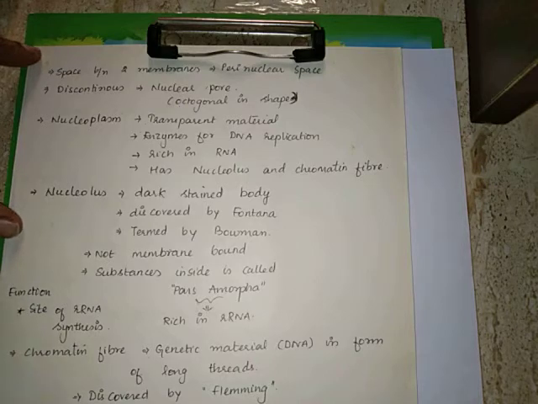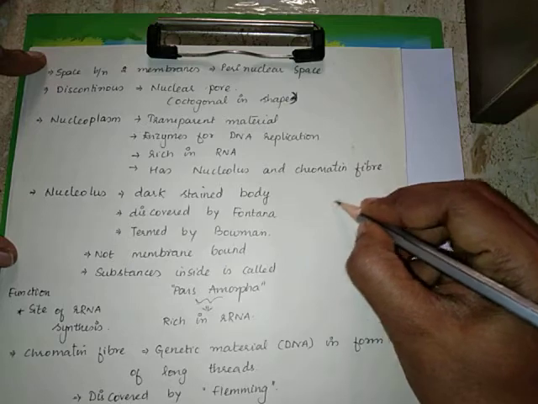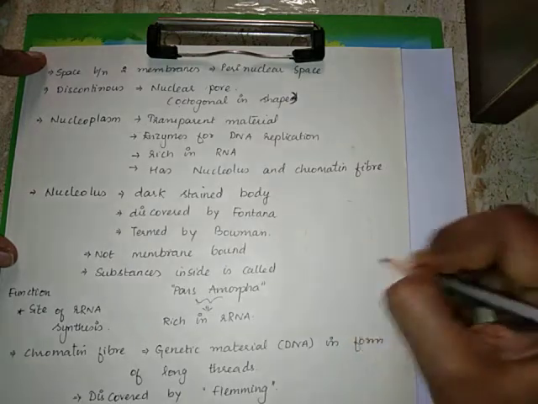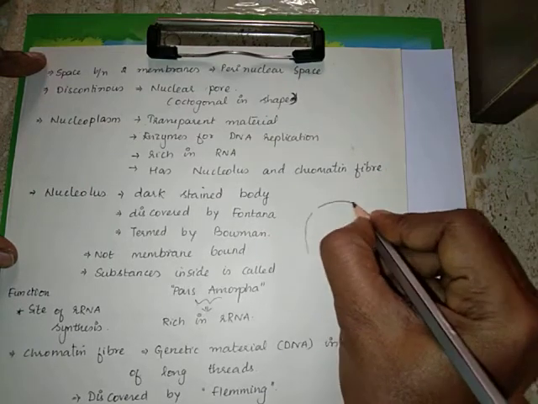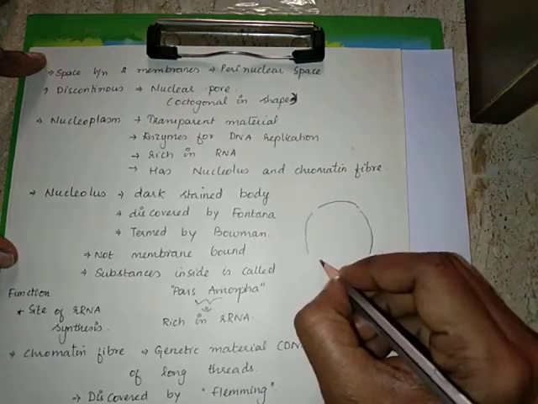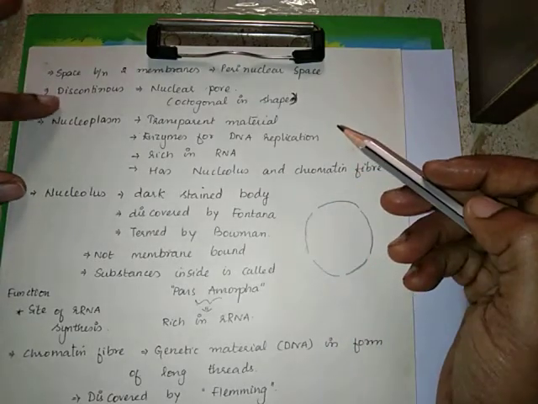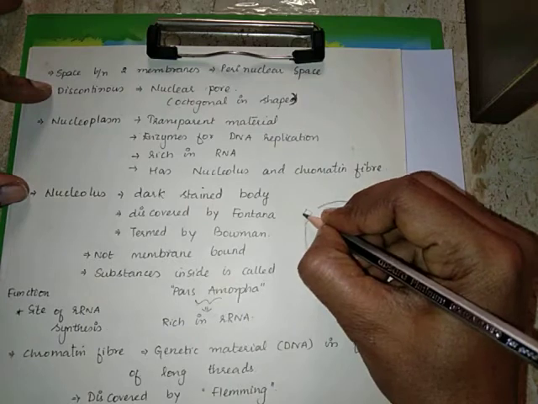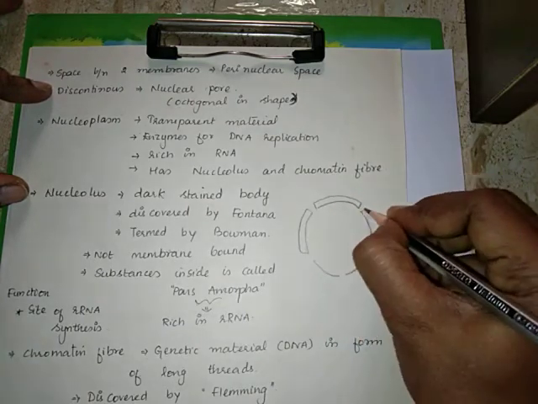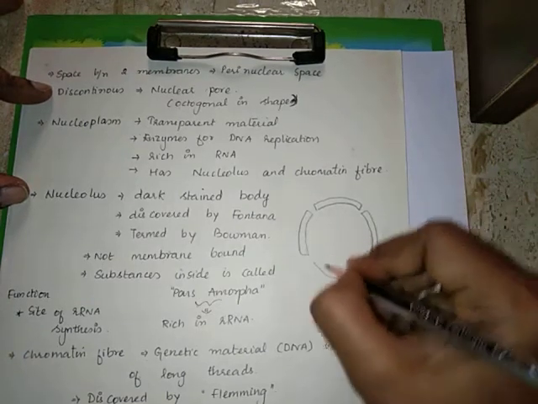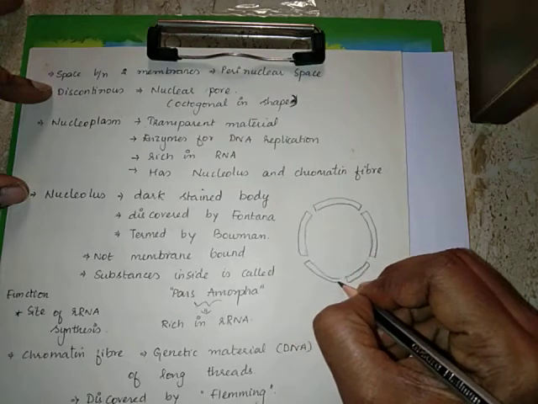And the space between the nuclear membranes, that is, if we consider a spherical nucleus, the nucleus is going to have a double membranous structure, that is, it has an outer membrane and an inner membrane. And of course the membrane is going to be discontinuous, that is, it is going to have pores in between, that is, gaps in between through which substances can move in and out of the nucleus for different functioning of the cell.